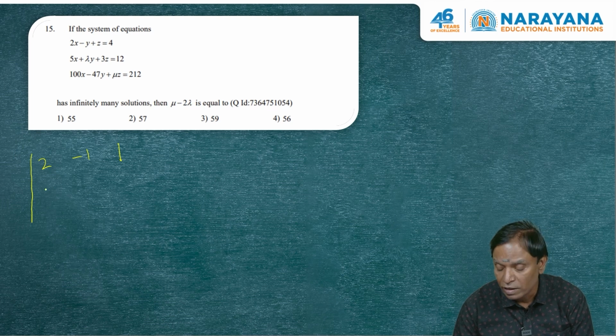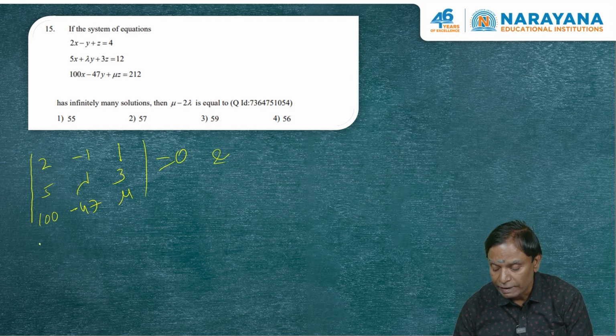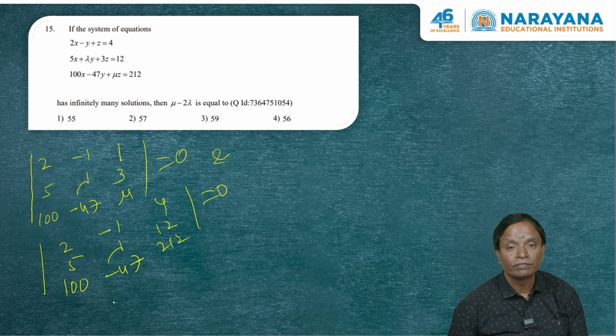must be equal to 0, and the determinant 2, 500, minus 1, lambda, minus 47 and 4, 12, 212 must be equal to 0.